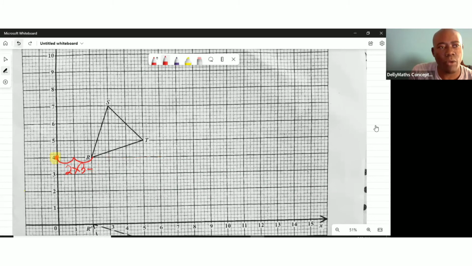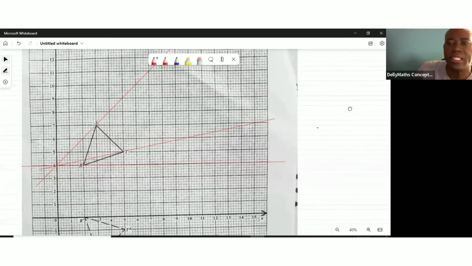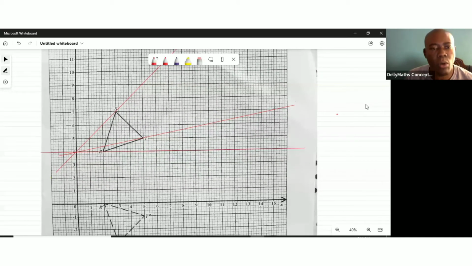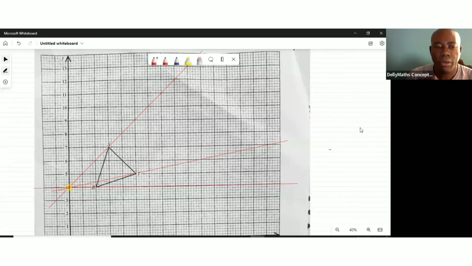Before we start doing that, we're gonna create a framework for what the enlargement will fall on. All right, so we're going to do this enlargement here. So what we want to do, though, is to understand that there is a line that passes through the center of the enlargement, which is 0.4 right here, my yellow spot. And what that is going to do is that there is a straight line that passes from the center through the vertex or the vertices of the shape that we're dealing with.